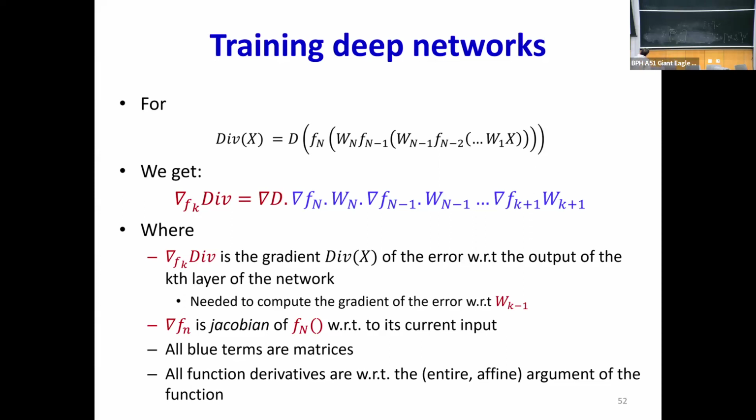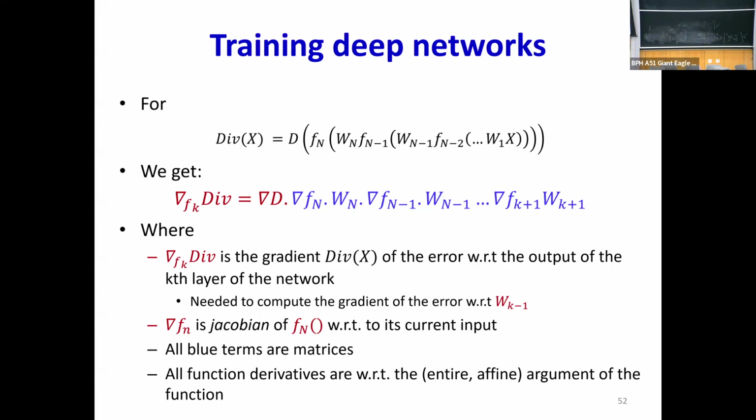So what happens if I multiply any vector, a row vector V, by a Jacobian? What happens to the length of the vector? It should shrink. Every single component will either retain its value or become smaller.